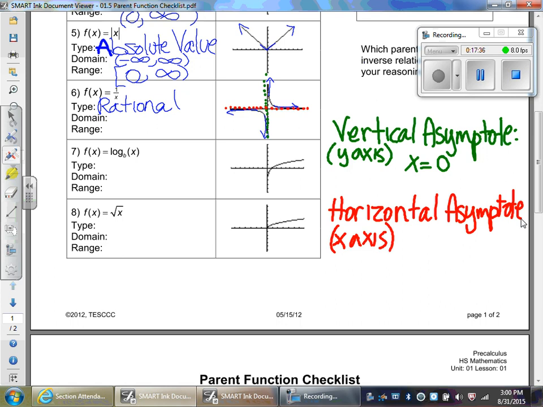But for horizontal lines, we use the variable y, and that equals a constant. In this case, that number is 0. So the vertical asymptote will be this line, and the horizontal asymptote will be that one.